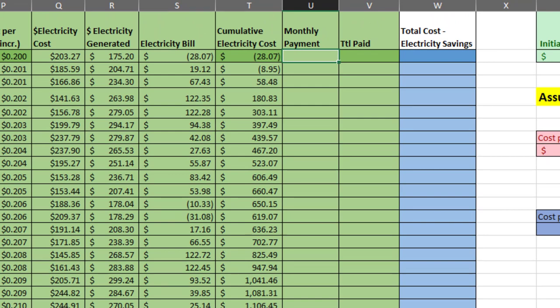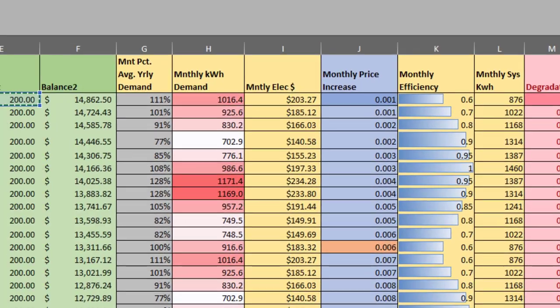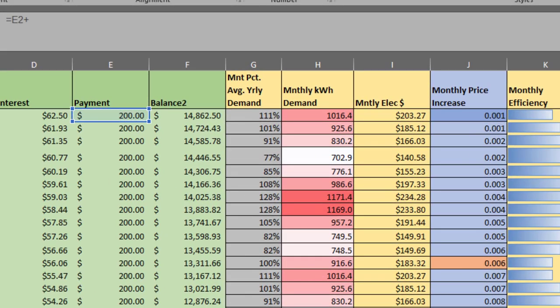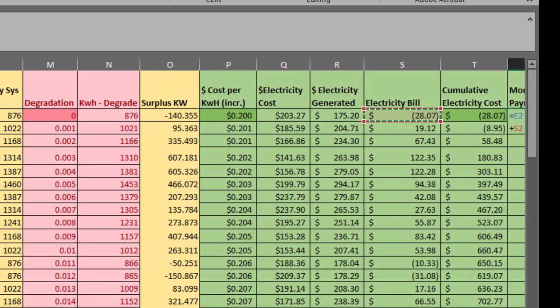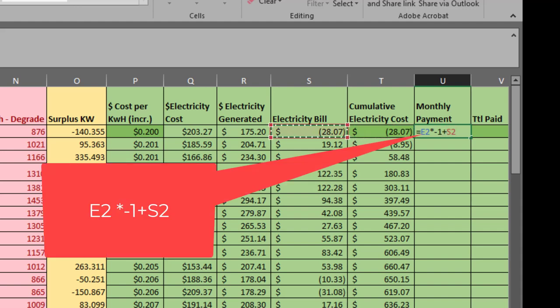The monthly payment would be something we might be interested in calculating, and that, of course, would be what we paid on the loan, which is $200 per month, and then we want to add to that our electricity bill. But in this case, since our electricity bill is negative, we probably should take the monthly payment, which is $200, multiply that by -1 to make it negative, and then add to that the outflow of our electricity bill.